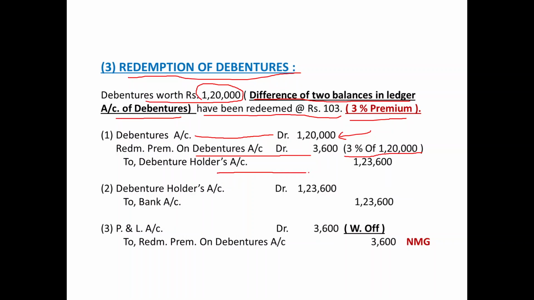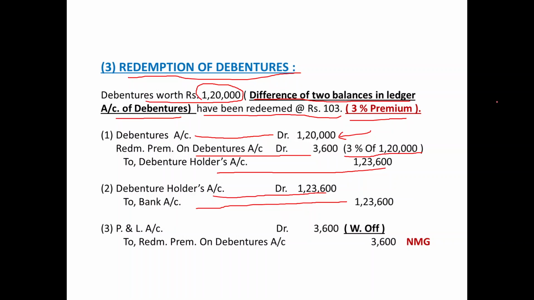To debenture holders account credited 1 lakh 23,600. Then second journal entry. Debenture holders account debited 1 lakh 23,600 to bank account credited 1 lakh 23,600.